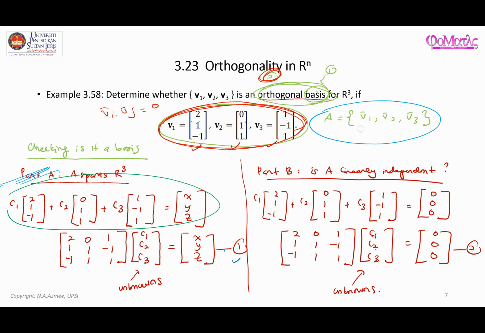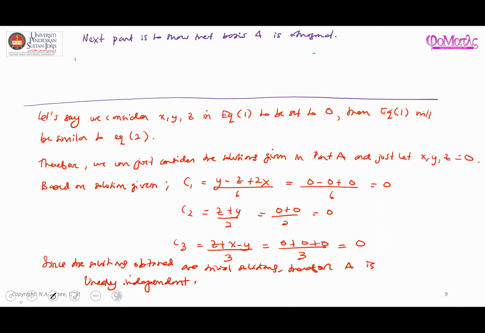Basis A is this one, V1, V2, V3, and the dot product of all possible pairs is 0, so that means you have to show that vector 1 times vector 2 is 0, vector 1 vector 3 is 0, vector 2 vector 3 is 0, and we have done this example here, so we can just use the result.